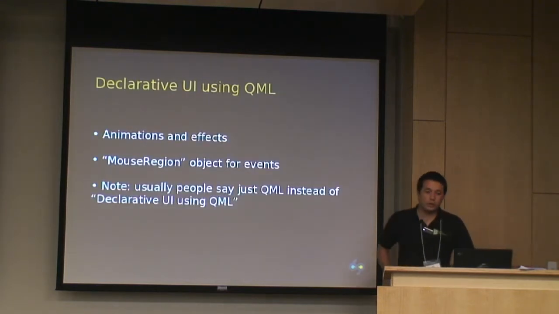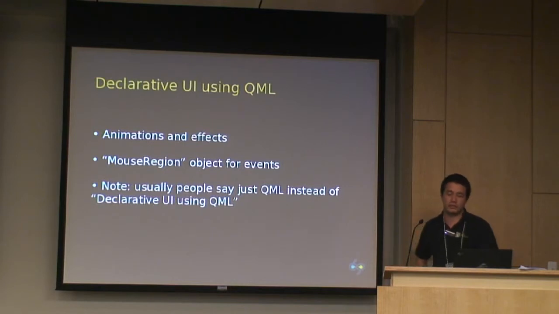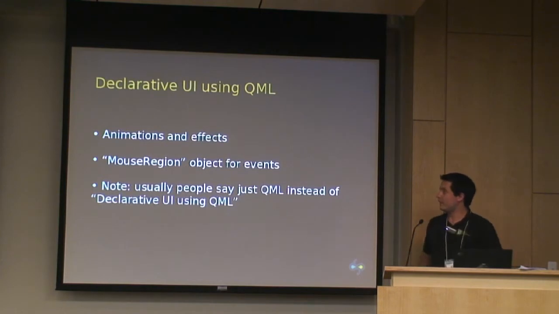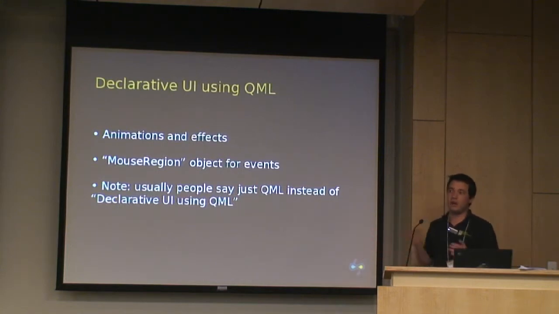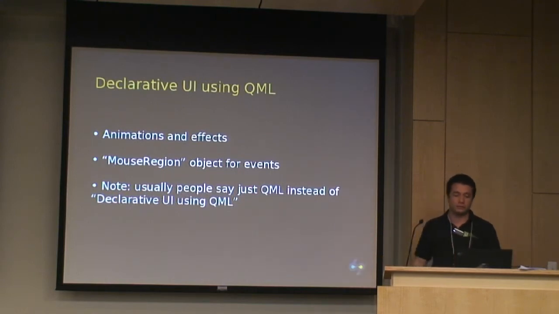In the language, we also have features to enable better user interfaces like animations, effects. When I say we, I'm talking about the declarative UI, okay? So there are special objects like MouseRegion that you can say, okay, this object has a hit area, and on some event, it's going to execute some piece of code.